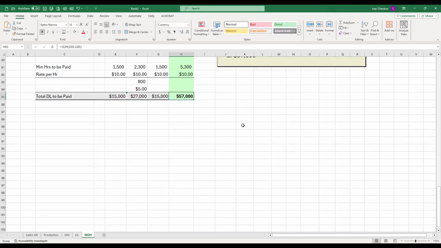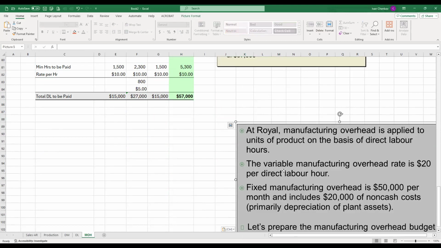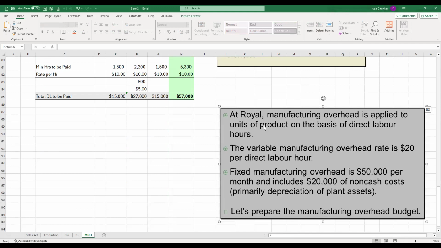I'm going to paste the picture here, and we see the manufacturing overhead is applied to the units of production based on the direct labor hours. The variable manufacturing overhead rate is $20 per direct labor hour. Fixed manufacturing overhead is $50,000 per month and includes 20,000 non-cash cost, which is the depreciation of the plant asset.